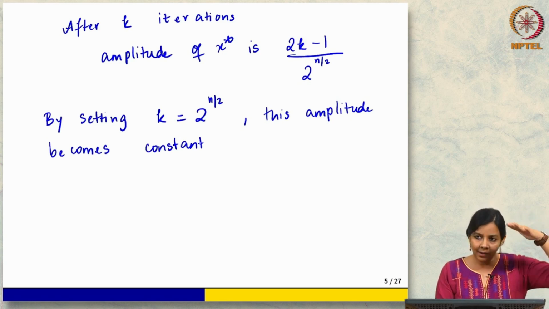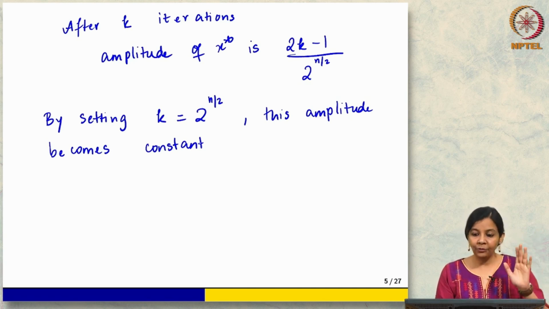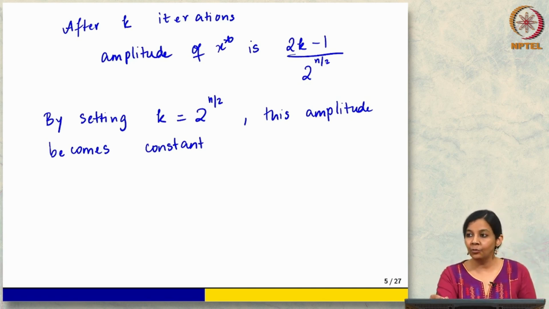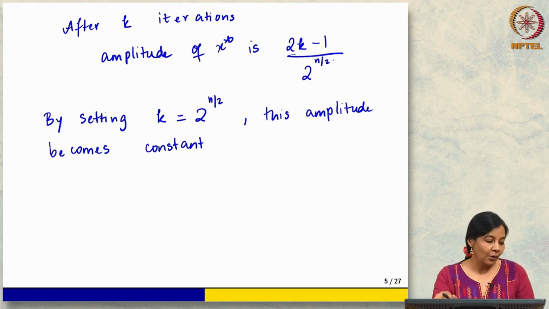The others decrease very slowly, right, and the hope is that after a sufficient number of iterations, I am going to get something which has constant amplitude. So, remember the denominator is 2 to the n over 2, right. So, if the numerator is roughly 2 to the n over 2, then I start getting a constant probability over here. And once I have a constant probability, I can repeat the experiment many times and hope to get a pretty good probability. Okay, so this is going to be the idea.